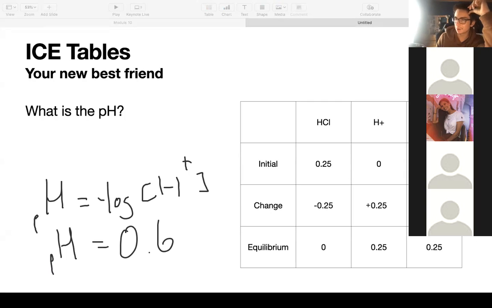So knowing this, let me see, what's on the next slide? So if our pH is 0.6, what is our pOH going to be? pOH equals question mark. What is pOH?